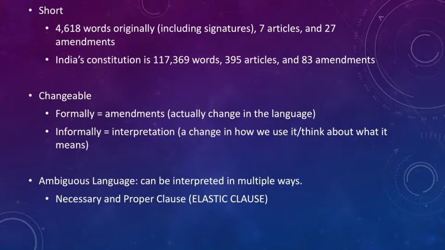It also stretches its power using the commerce clause with any interstate commerce or any commerce between other countries and the U.S. And also the executive branch has some interpretation as they have control over whether or how to execute laws.